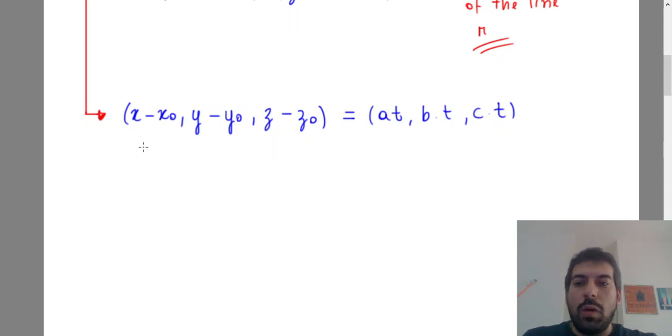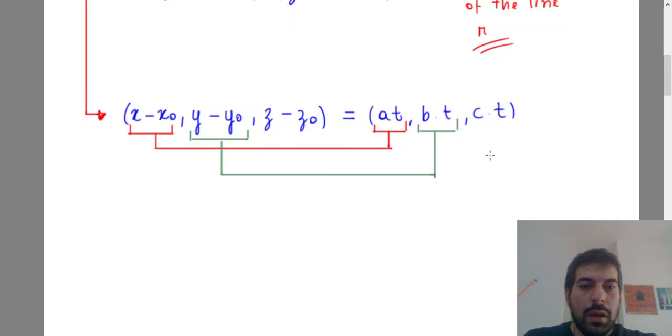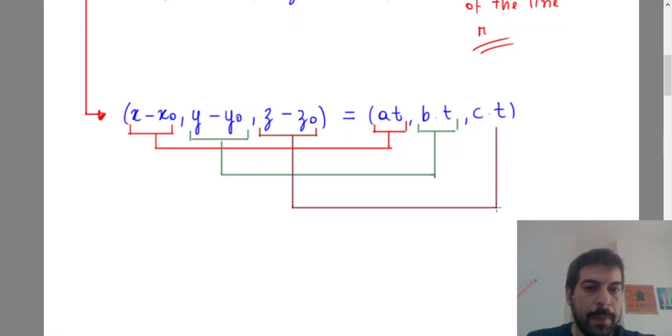If they are equal, it means that the coordinates need to be equal. So we know that x minus x0 needs to be at. We know that y minus y0 needs to be equal to bt. And finally, we know that z minus z0 needs to be equal to ct.